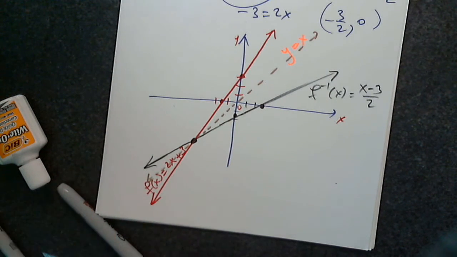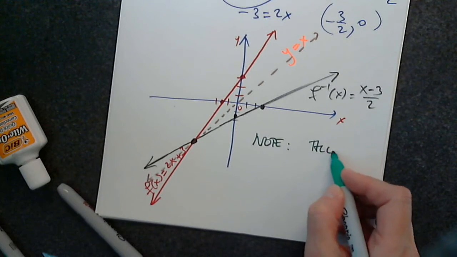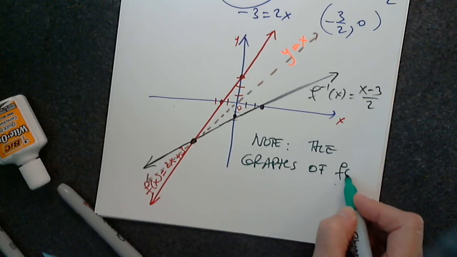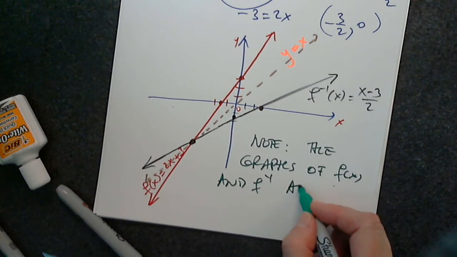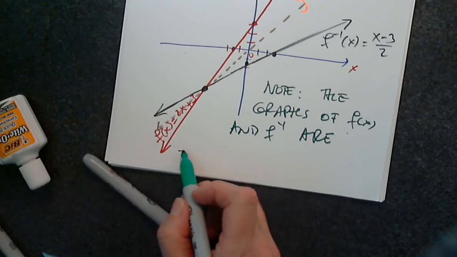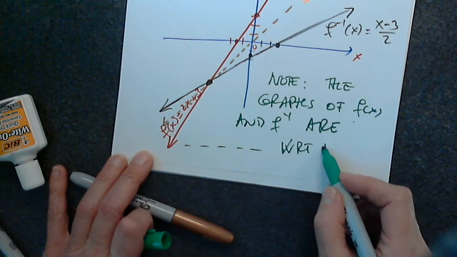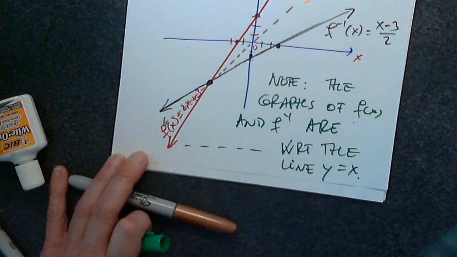So here is a note that we have to write. Note: the graphs of f of x and f inverse are, with respect to the line y equals x.